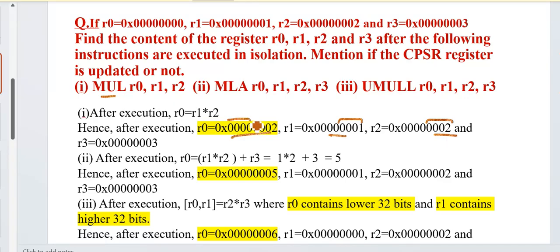So this is the lower 16-bit and this is the upper 16-bit.